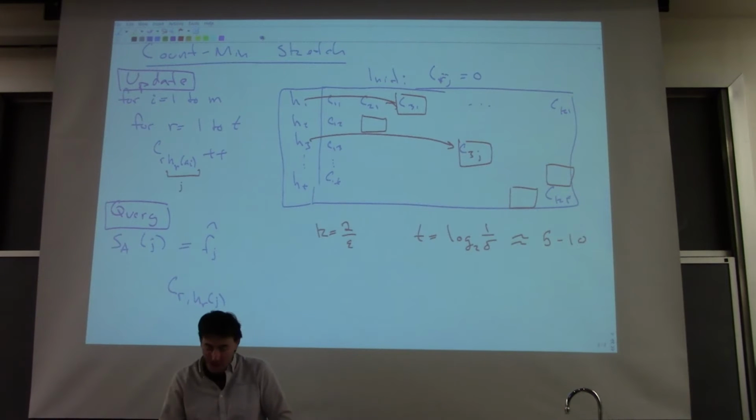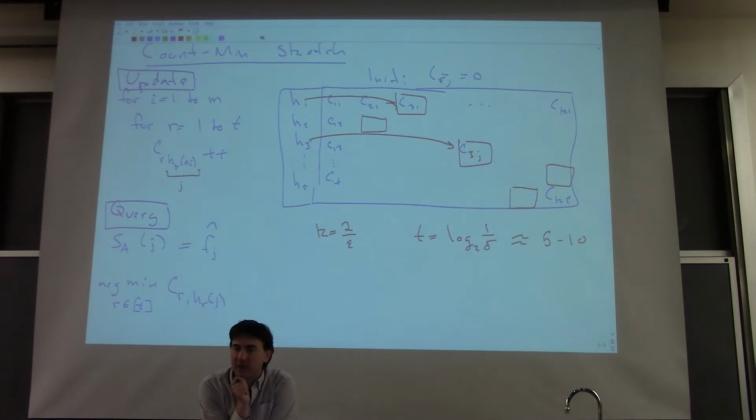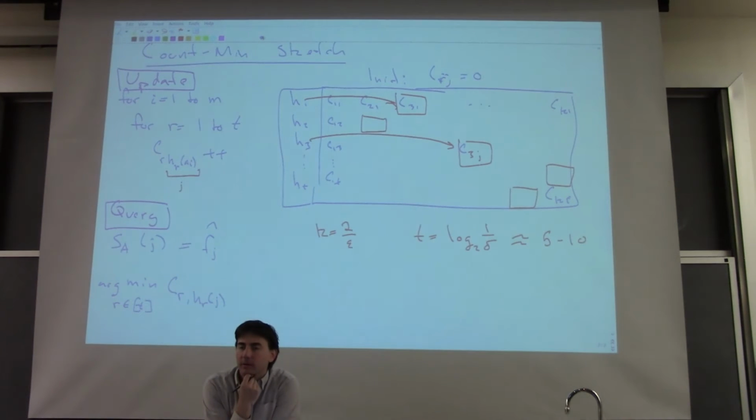So why is the minimum a good idea? Because different values were hashed into the same box. So you said different values hash into the same counter. Yes. You're getting close.